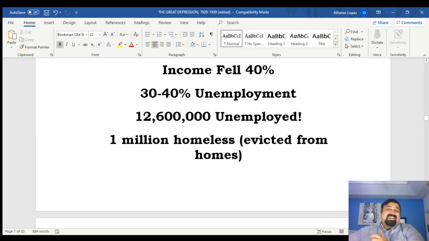So therefore, incomes are also going to be lost. At the very height of the Great Depression, we're going to reach anywhere between 30 and 40%, according to some figures. That amounted to about 12,600,000 people unemployed, which was totally unprecedented.